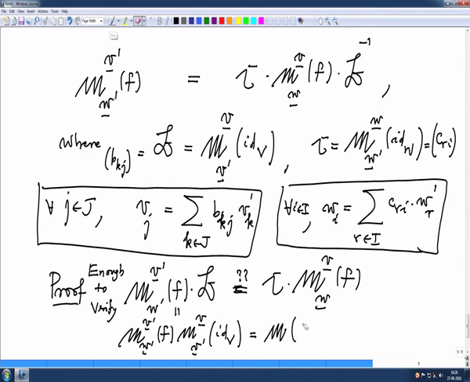This is F composed with ID_V. And now V prime gets cancelled, and this will be from V to W prime.